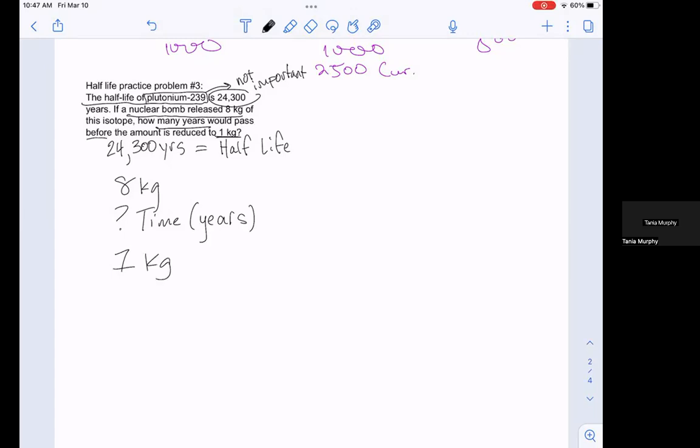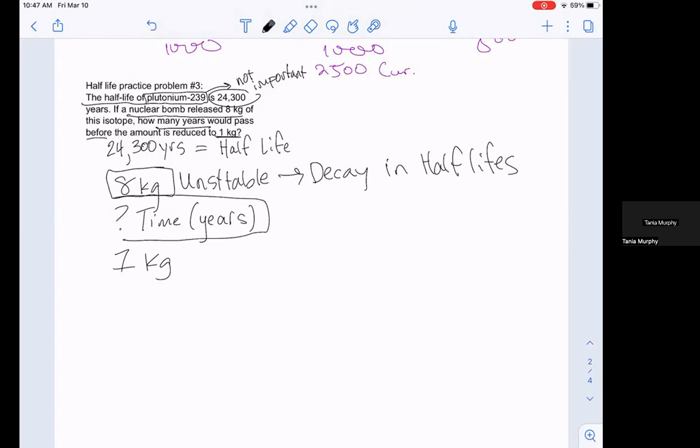Okay, so what's the deal here? We have 8 kilograms and it's unstable and it will therefore decay, and it will decay in half-lives. All right, and we want to know after it decays how much time will have gone by. All right, how many years would pass before the amount is reduced to 1?